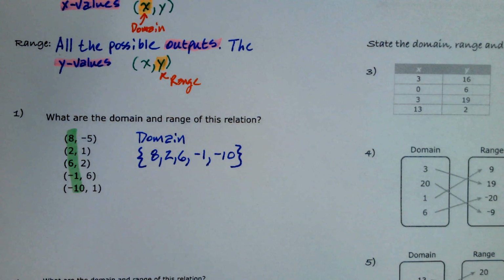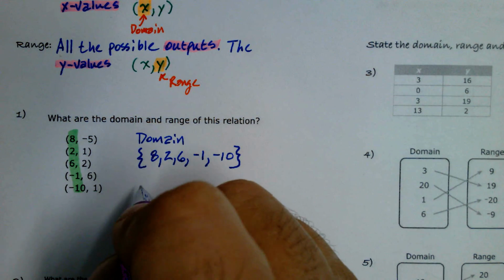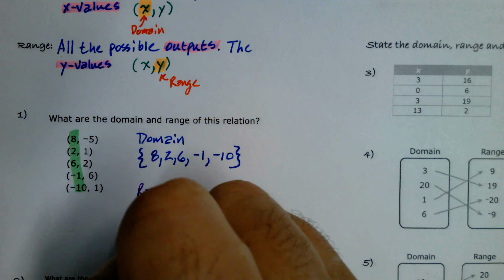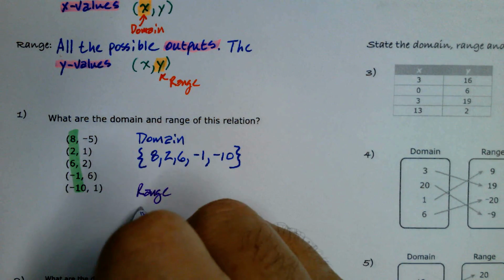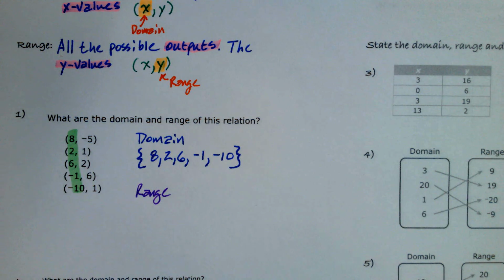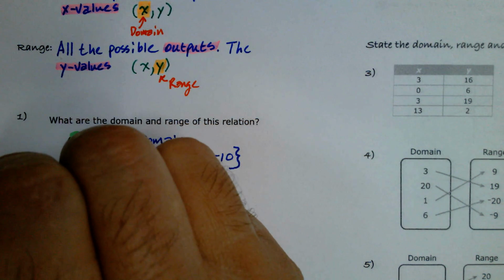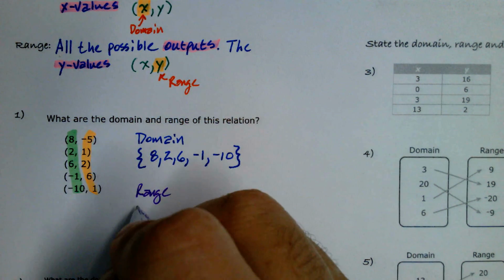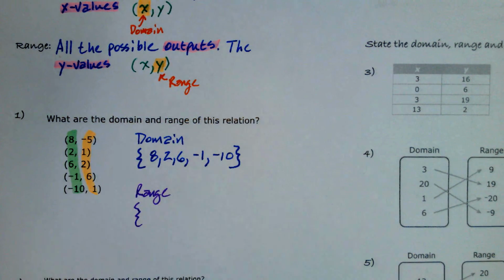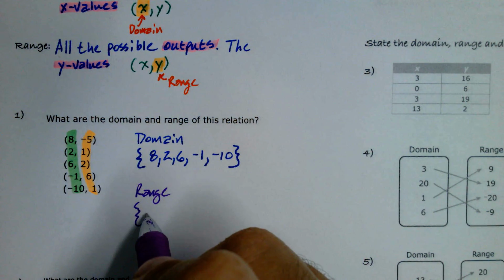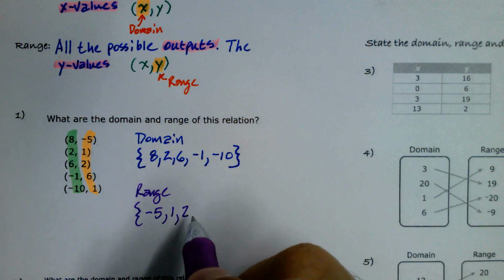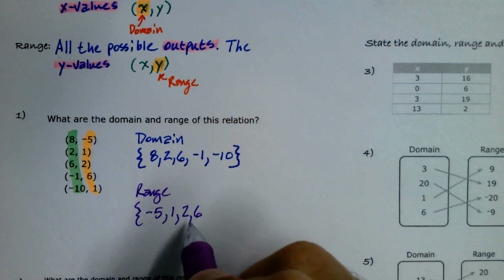Now the range is going to be all the possible outputs or y values. So that's going to be these guys. Let's list those. We've got to be careful. We've got -5, 1, 2, 6.